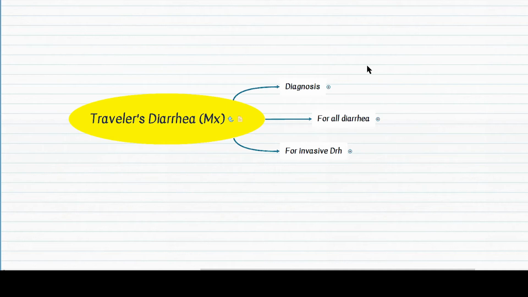True or false, presence or absence of blood is the most reliable means to differentiate between invasive versus non-invasive diarrhea. That is false. Remember that there are certain toxin-producing bacteria, especially those producing cytotoxins, for example, by inhibiting protein synthesis, that will cause bloody stool without much inflammation.